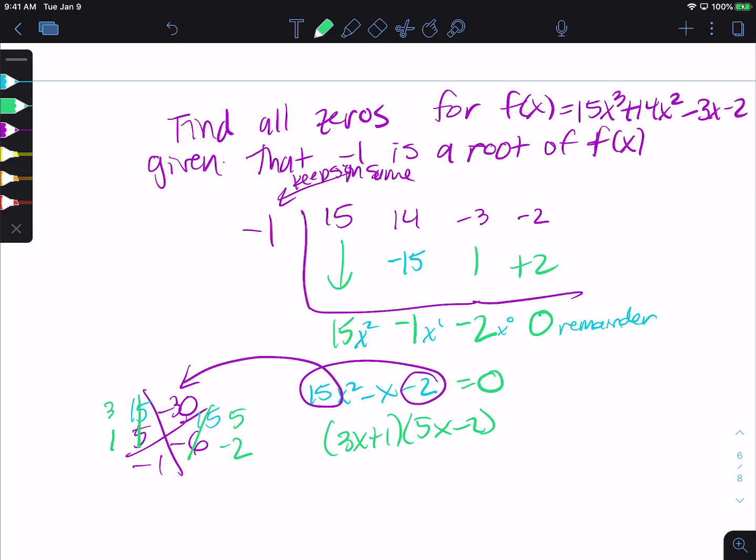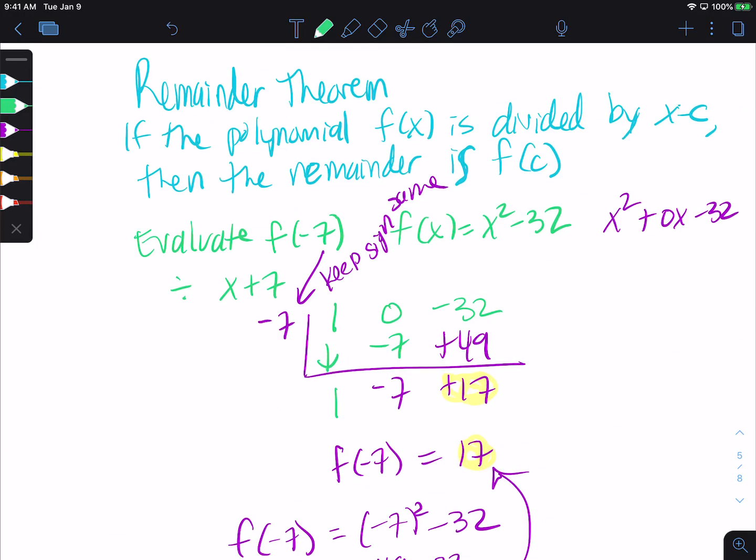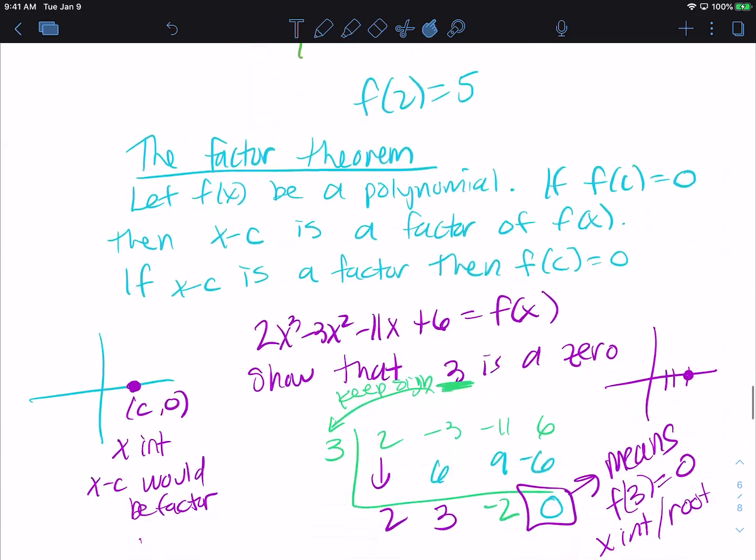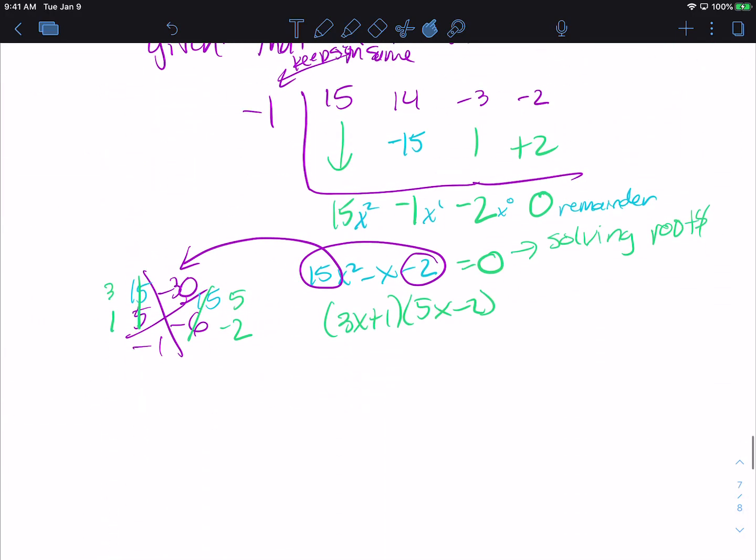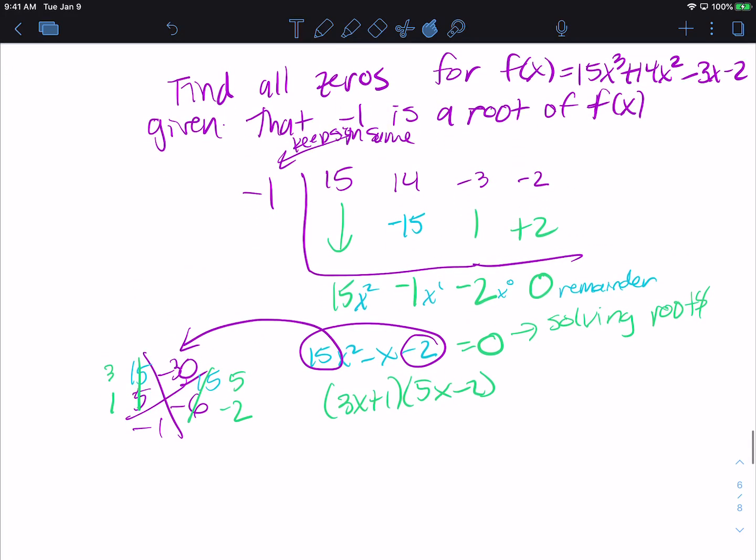And remember, since we're solving for 0, or we're solving for our roots, or our solutions, or zeros, or x-intercepts, all of those, then I'm setting it equal to 0, because that's our pattern for finding our zeros, because you set it equal to 0 and you solve.